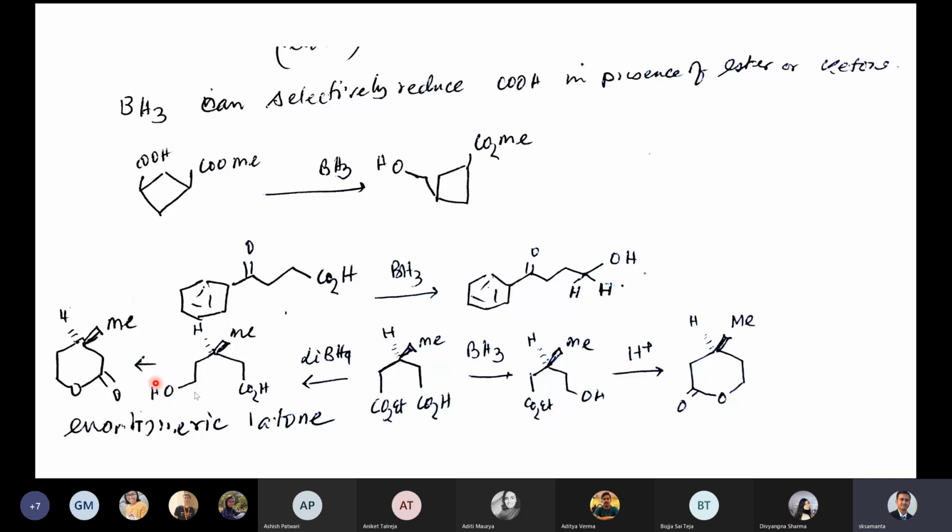So this OH will react here and will form the lactone, the cyclic ester, where the double bond O is on this side. So basically from one starting material using two different reducing agents, you can form an isomeric lactone. Okay, clear?